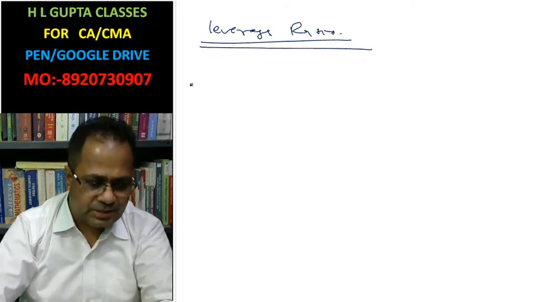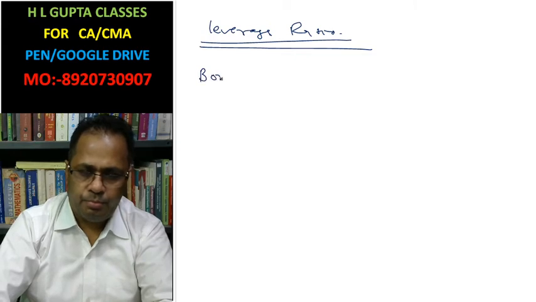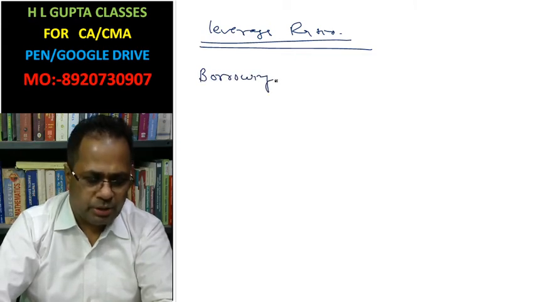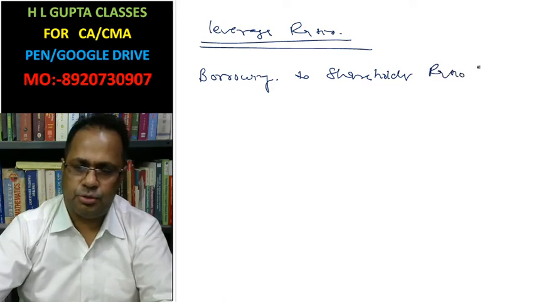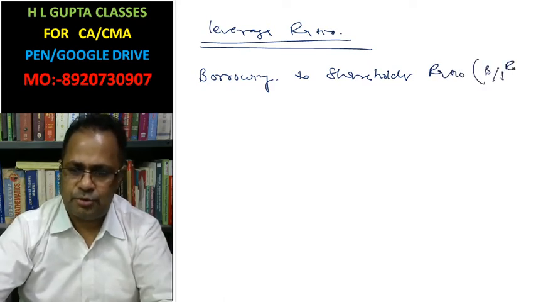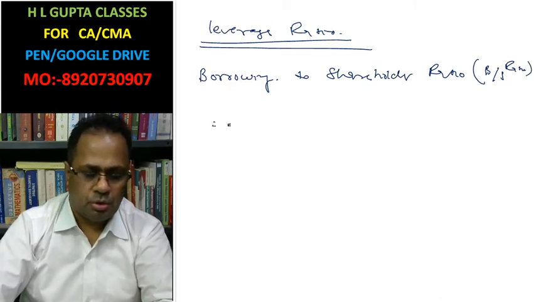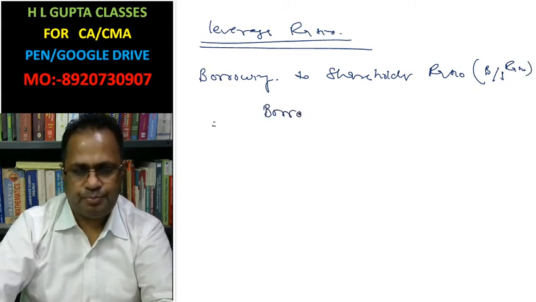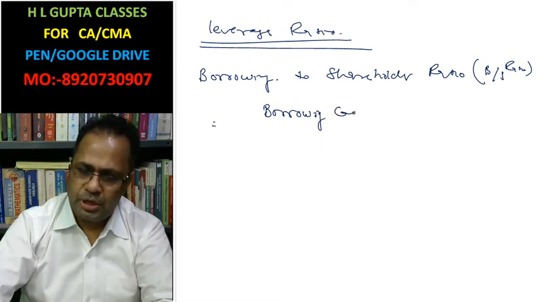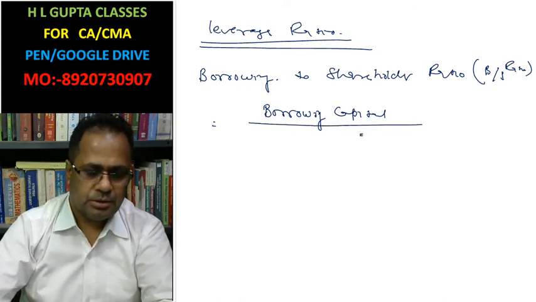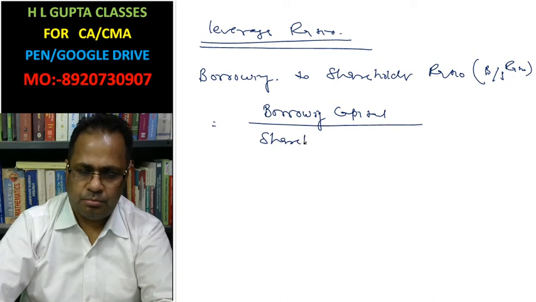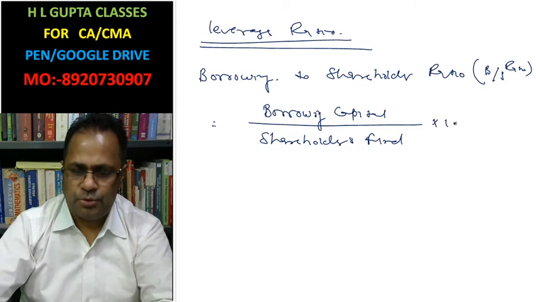The first leverage ratio is the borrowing to shareholder ratio, that is the BS ratio. So borrowing capital, that is debt capital, divided by shareholders' fund, into 100.